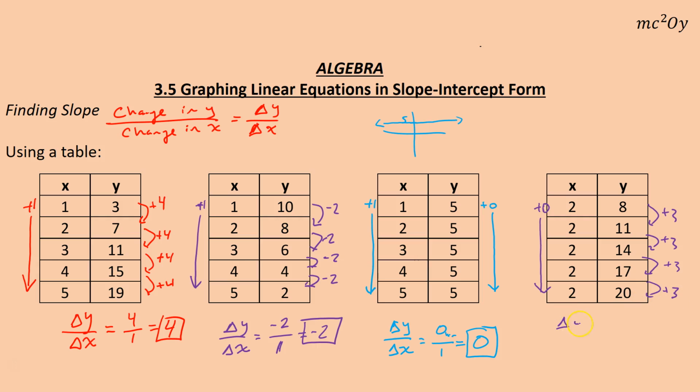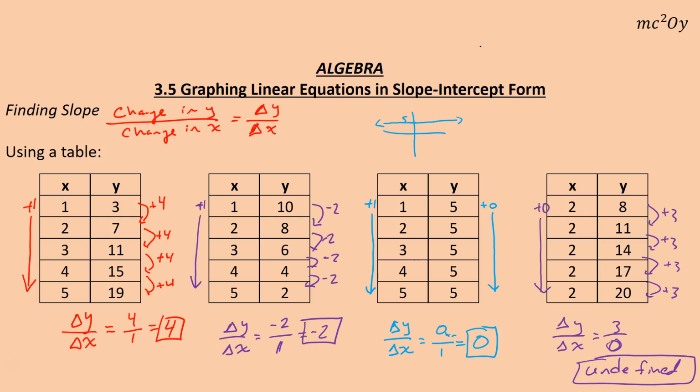So my change in y over change in x is 3 over 0. Notice the 0 is under the fraction bar, so it is undefined. Undefined there. All right. So that's using a table.